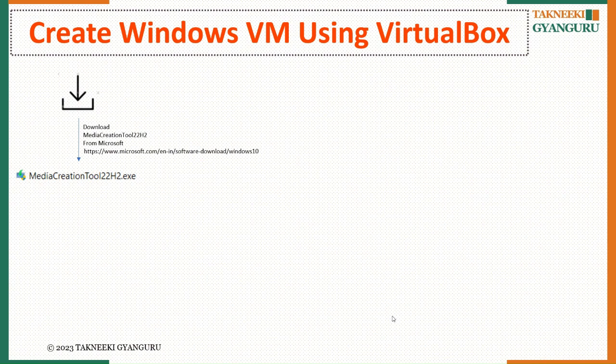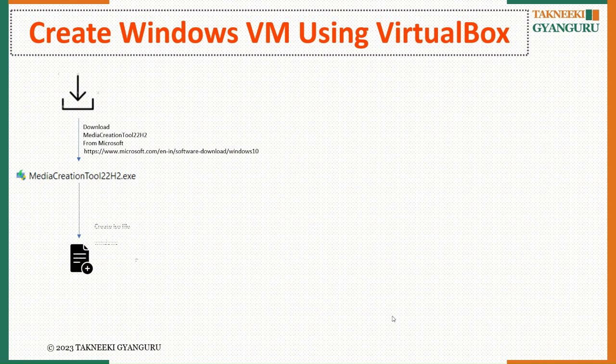Using the running Windows machine, you can create the ISO image from the existing Windows, or if you have your own ISO image from somewhere, either from the Microsoft site or elsewhere, you can use your own ISO image. Here we will show you how to create an ISO image using the media creation tool. You can skip if you already have the ISO image.